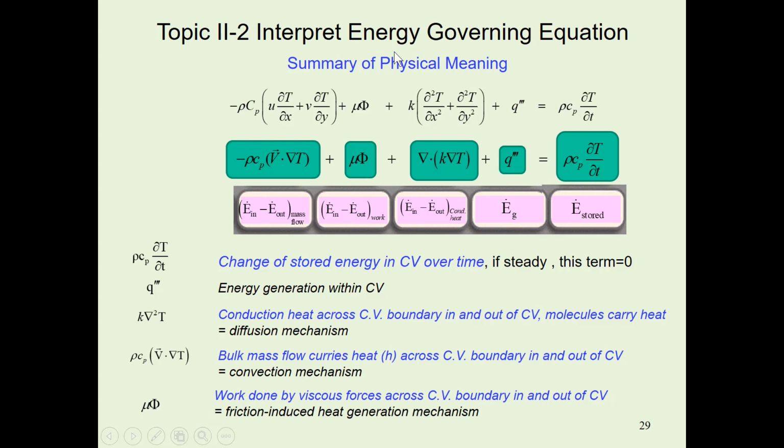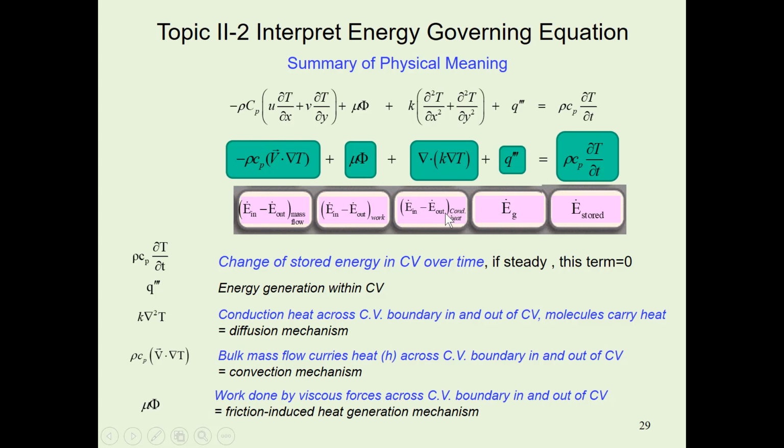At this point, we covered topic 2, part 2, interpret energy governing equation. The quick summary for the physical meaning of the energy equation is: energy stored, energy generated, energy in and out of the system carried by molecules.